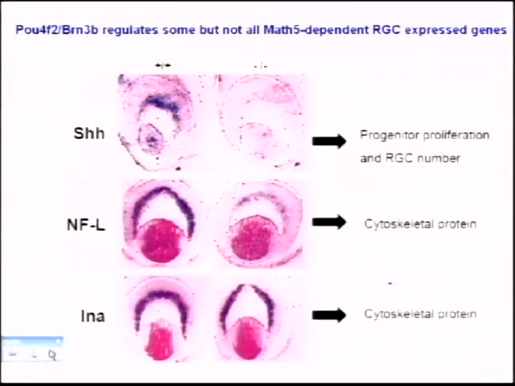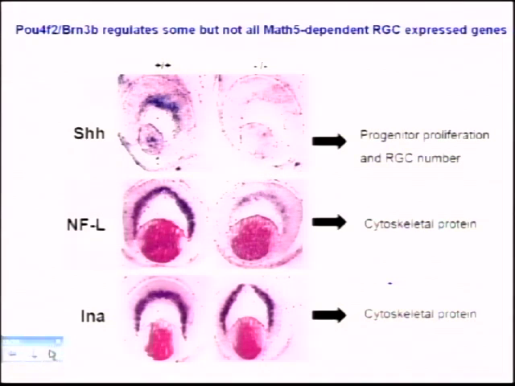Okay, so we were talking about how to build a gene regulatory network, and the way we were doing it is through microarray analysis using wild-type and mutant retinas. And this is an example of comparing gene expression profiling between retinas that are making Brn3b and retinas that don't have Brn3b.